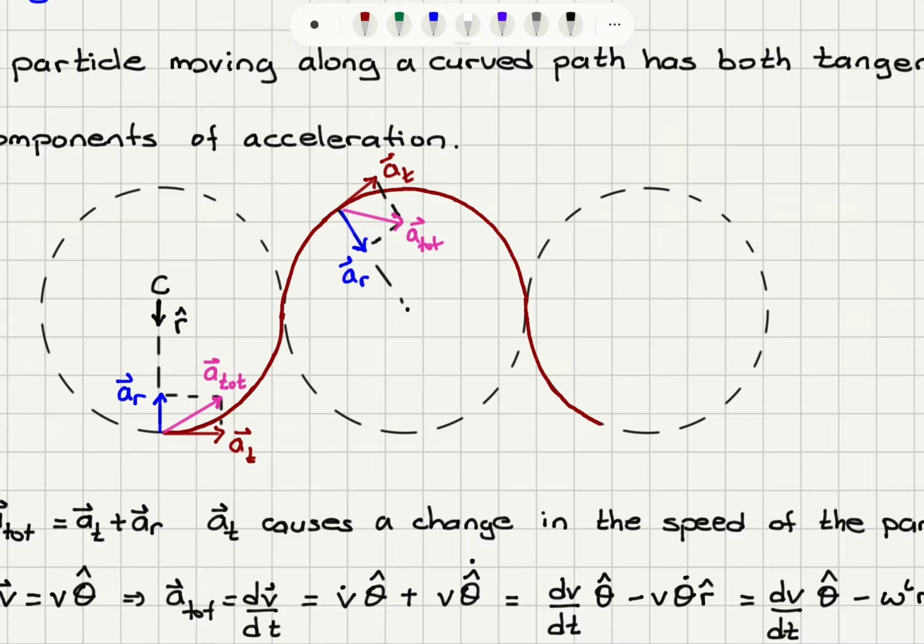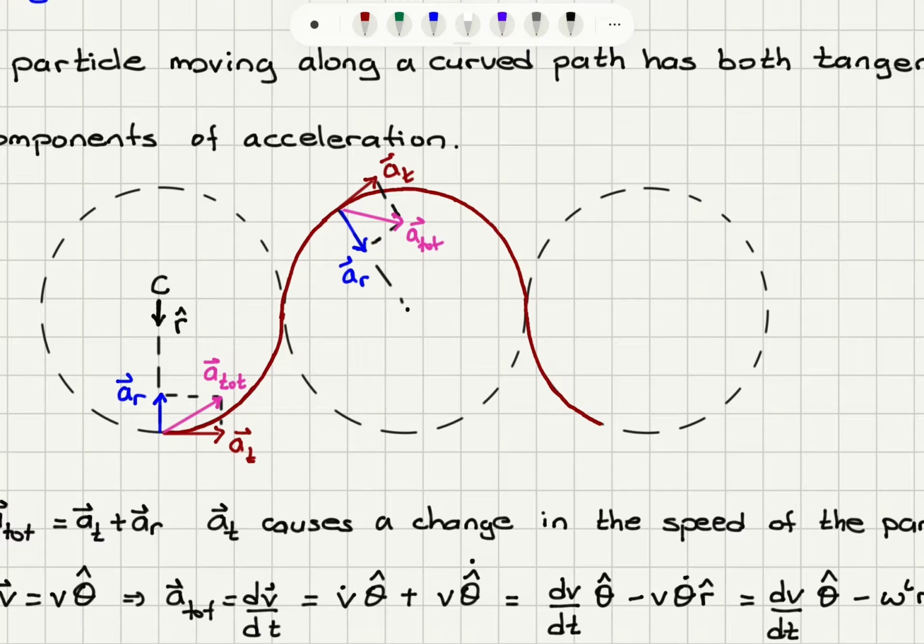In this curved path I can draw many circles, and for each circle I can define a radial unit vector r hat, which points from the center towards the particle, and a theta hat, which is tangential to the path of the particle. Now, the acceleration vector will have two components, the radial acceleration and the tangential acceleration, and the total acceleration is the sum of these two.